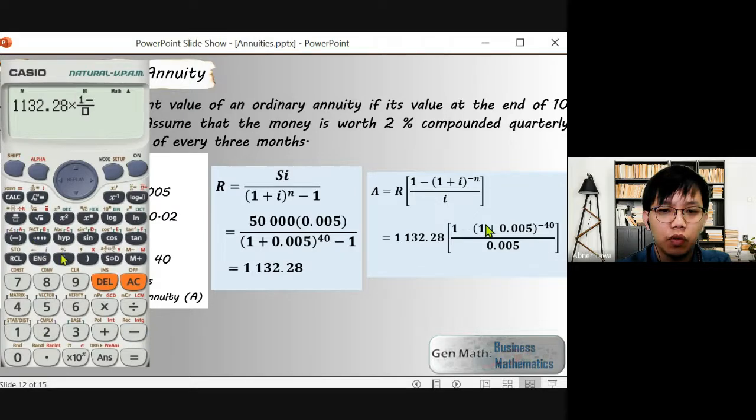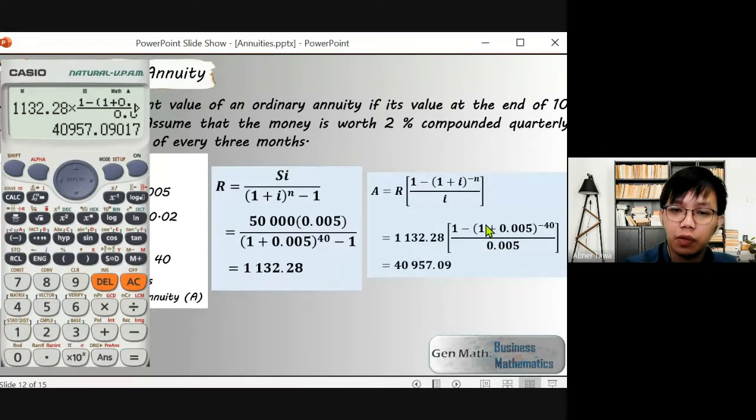So it's important na alam natin kung paano tayo maglagay ng parentheses. 1,132.28 times 1 minus the quantity 1 plus 0.05 raised to negative 40 all over 0.05, which is equals to 40,957.09. Okay, so that is the answer to the given problem.